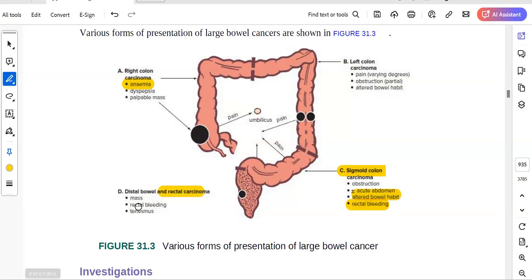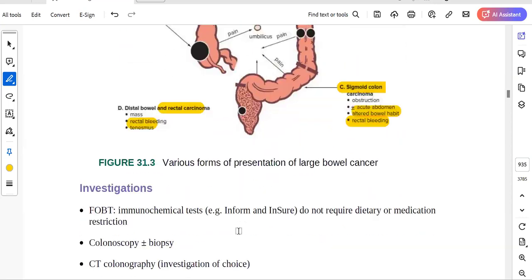Same if it is in the rectum, rectal bleeding is the common cause. So right-sided colon cancer, the most common symptom is iron deficiency anemia. Whereas left-sided colon cancer, the main symptom is altered bowel habit and sometimes per rectal bleeding.